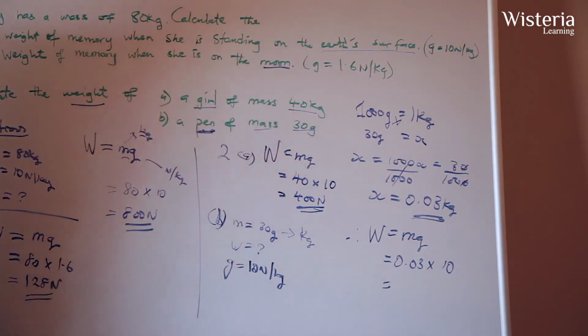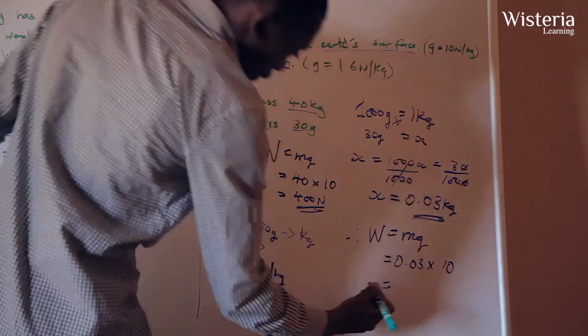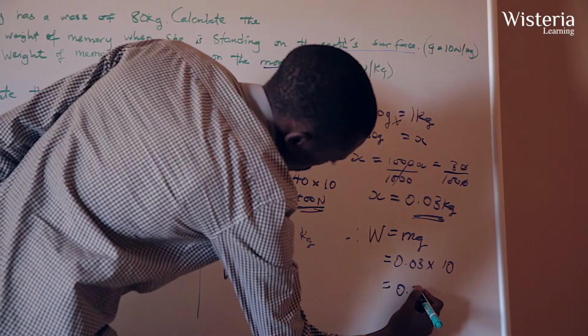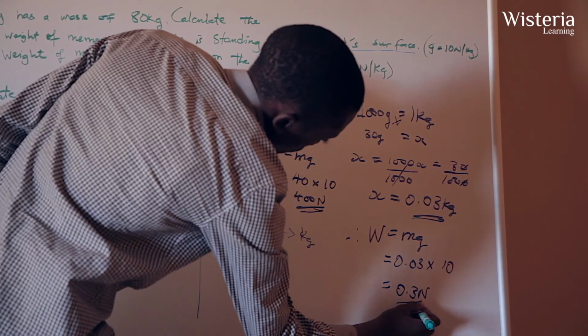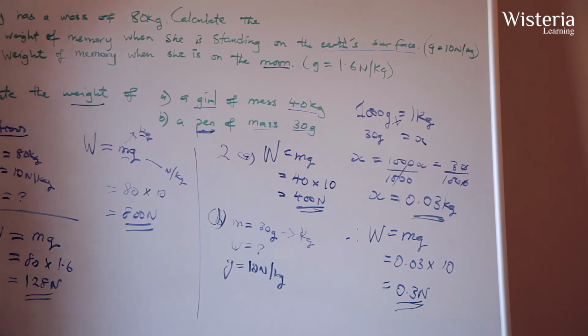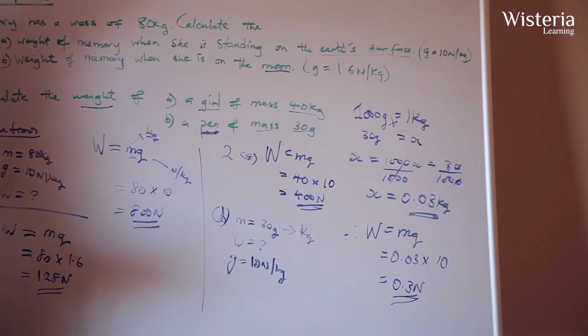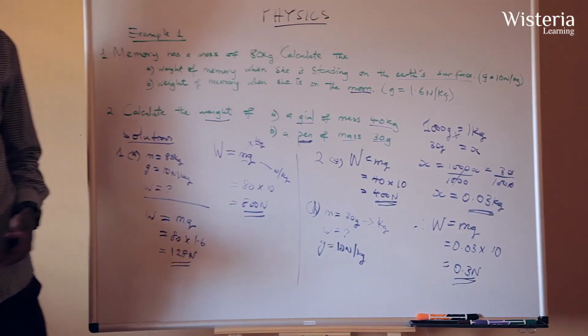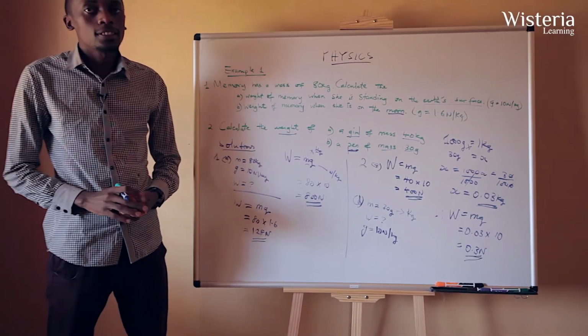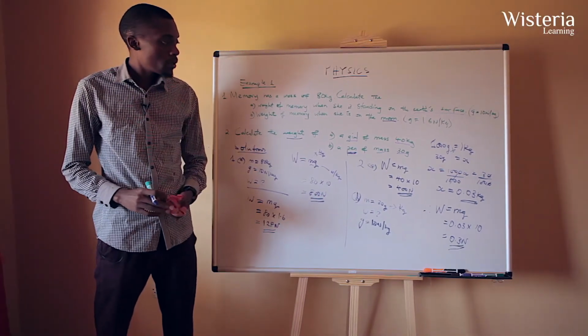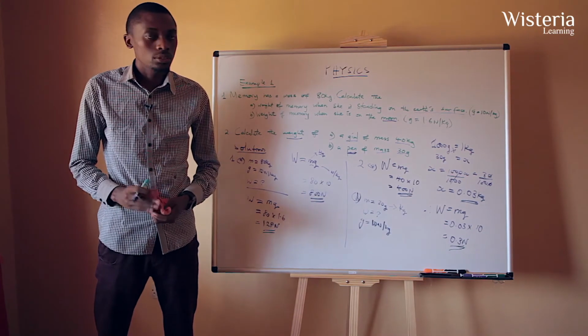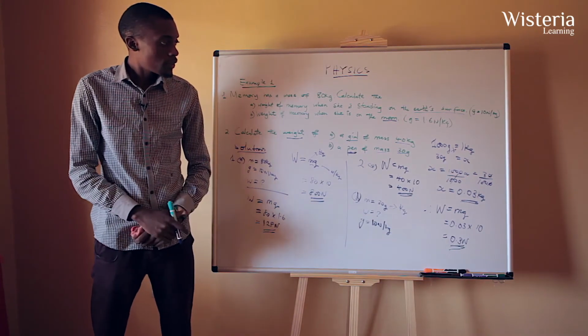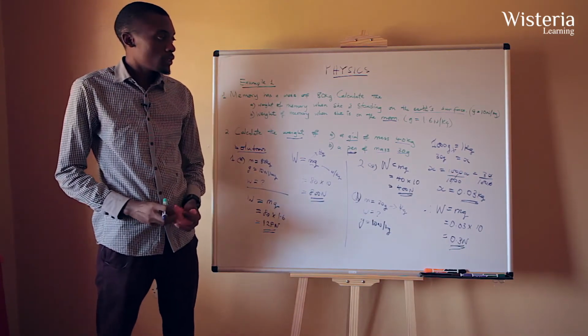So when we have a situation like that, you simply say 0.03 times 10, and our answer will equal 0.3 newtons. That's how you calculate your weight. So we have shown how to calculate weight given the mass and given gravity, and where we are not given the gravity. So we've come to the end of how we can calculate weight of an object.